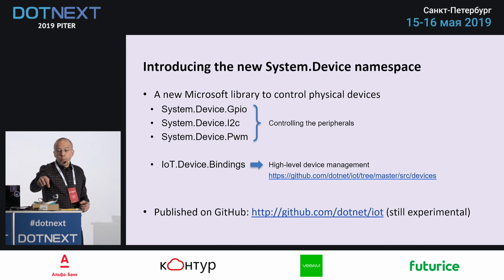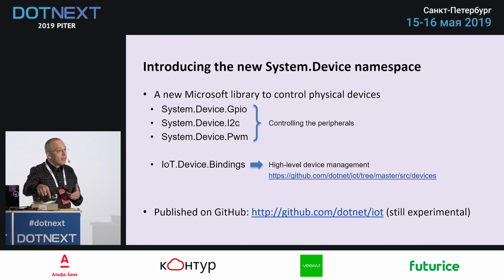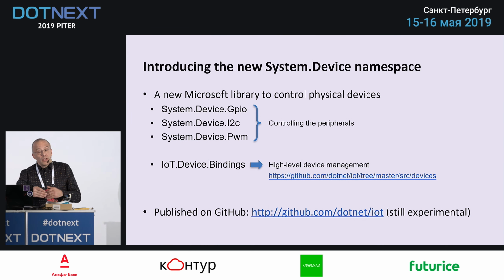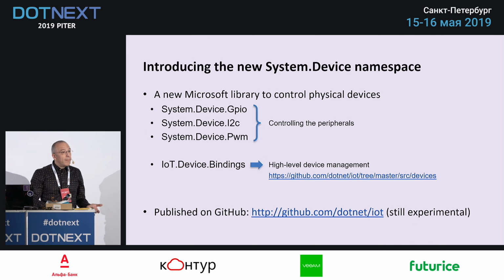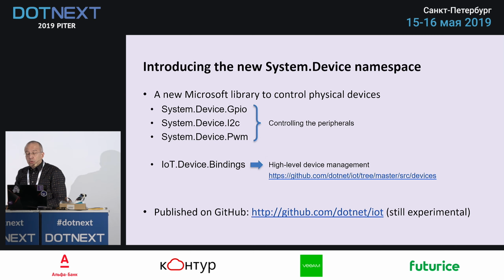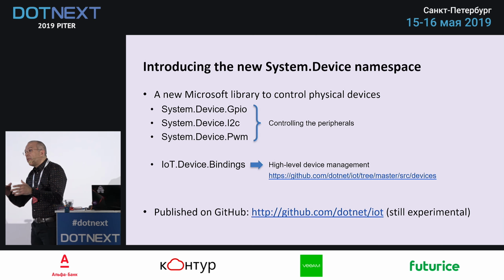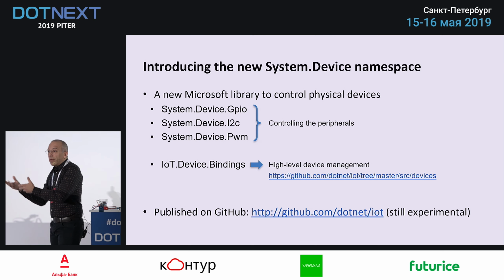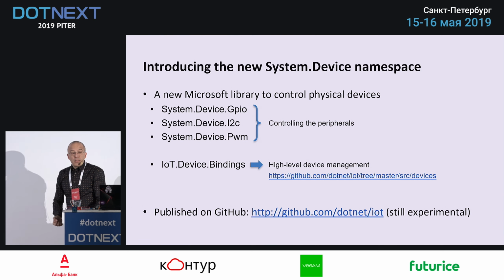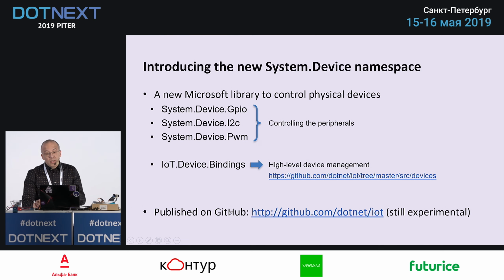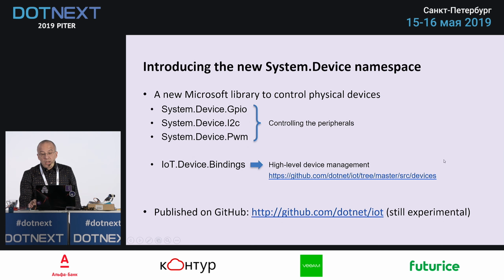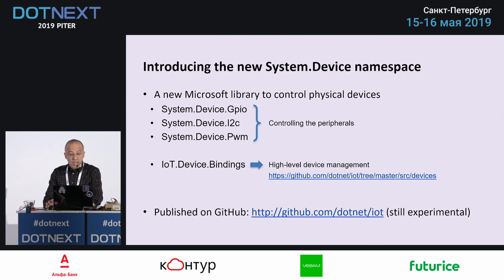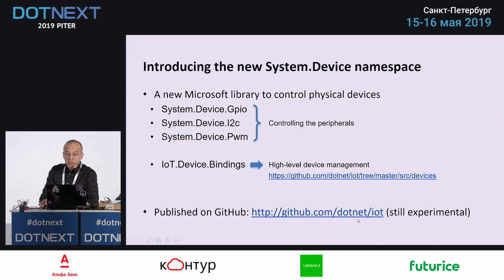For example, if you have to talk with a servo motor, you already have the class for servo motors, which in turn uses the abstraction of PWM. And if you have to talk with a temperature sensor, it's already there. There is a device that uses the GPIO and in turn returns the temperature and the humidity and so on. There is a very long list of these, but I will also show a custom device that is extremely interesting. And this library is published on .NET IoT.